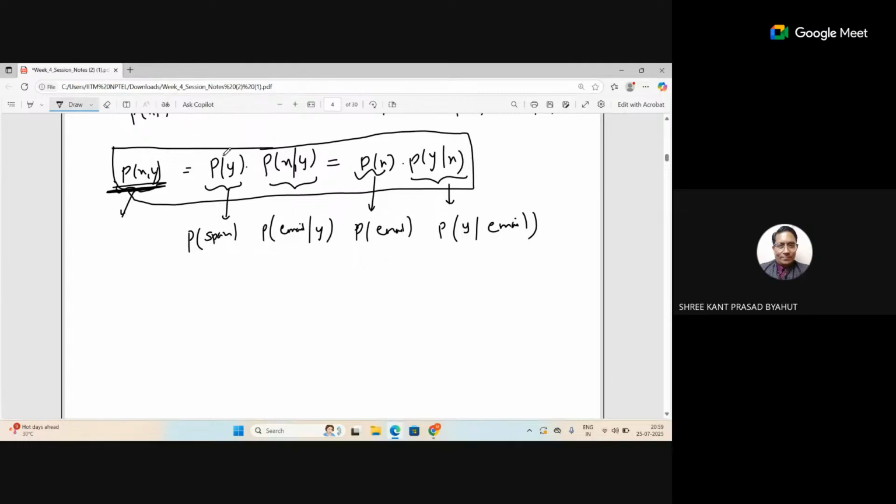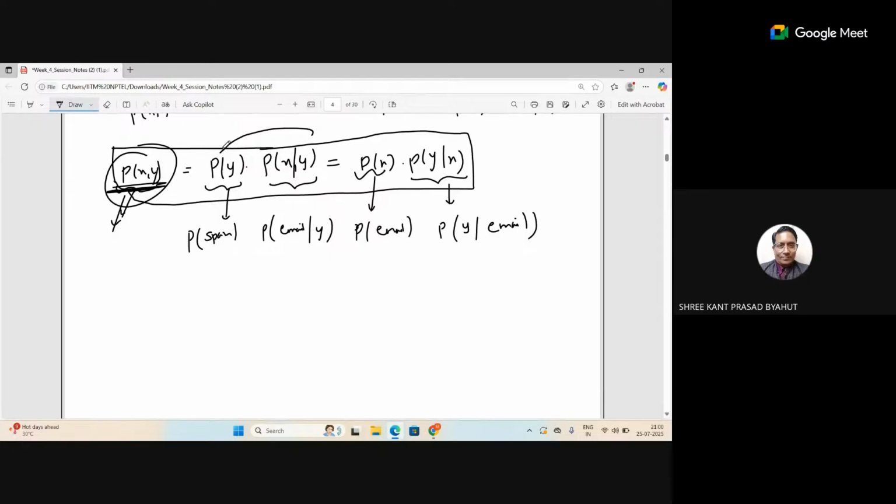So if I wanted to find this joint probability in generative models, what we have to find out is the joint density of x and y, the joint density of the email and the corresponding label.